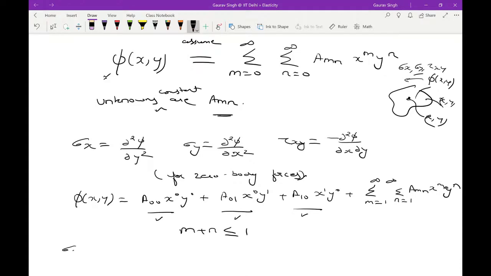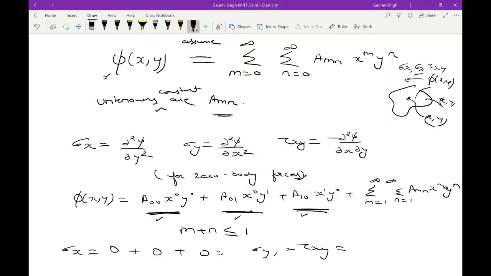Say sigma x will be equal to, if you differentiate this term with respect to y square, you will get a 0. You differentiate the next term with respect to y square, you will again get a 0, and you differentiate this term, you will again get a 0. Similarly, for sigma y and tau xy also, the first three terms will not contribute to the stresses.